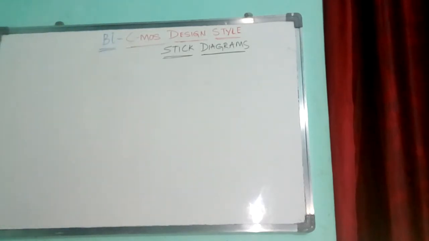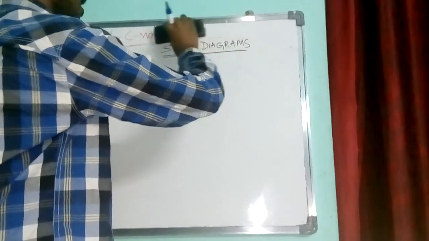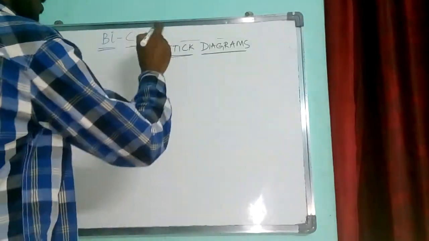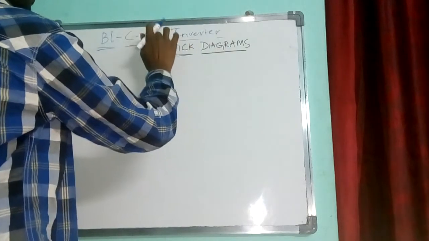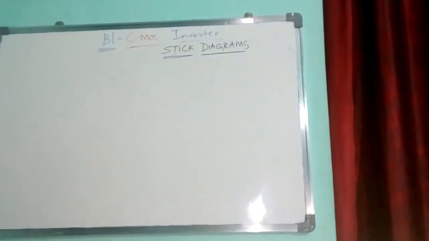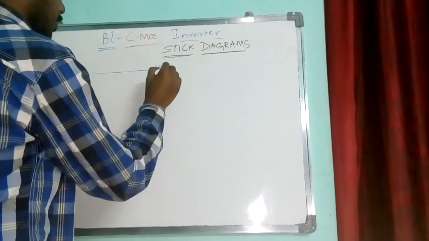Similarly, we will see the CMOS inverter design style. How does this CMOS inverter look? It has a VDD, it has ground.